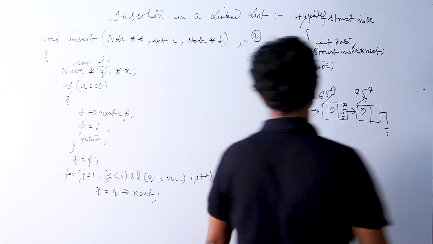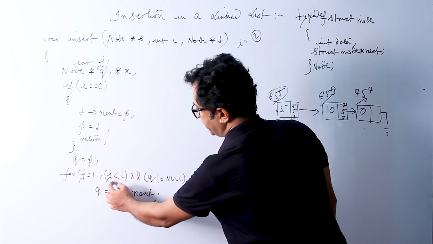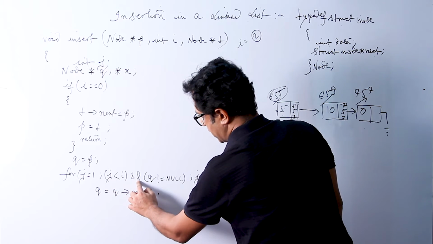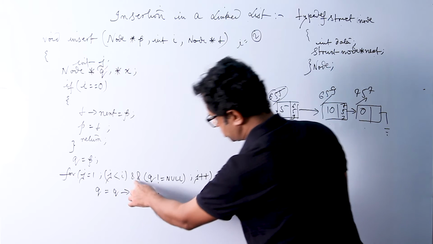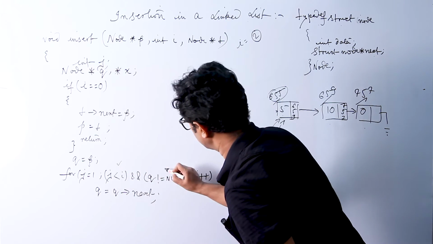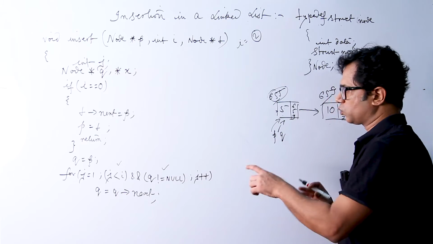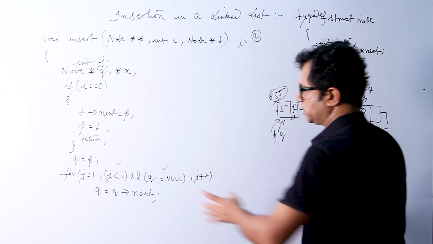What we have done over here, let me see. For j is equal to 1, j less than I, and the ampersand means the logical AND operation. That is, these two conditions should hold at the same time, otherwise this for loop will not be executed.